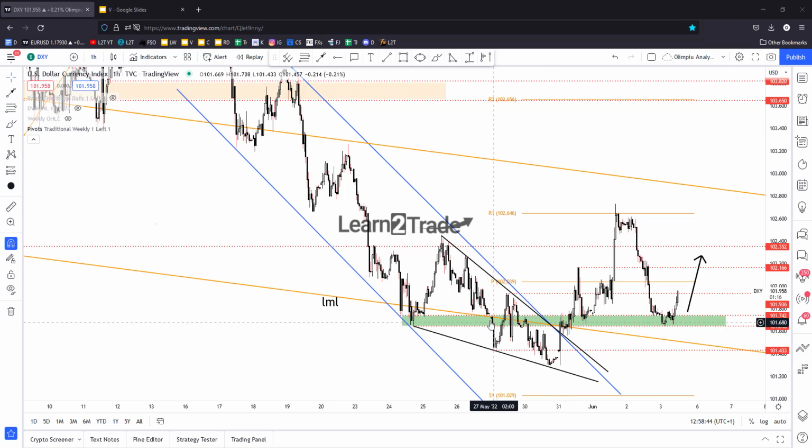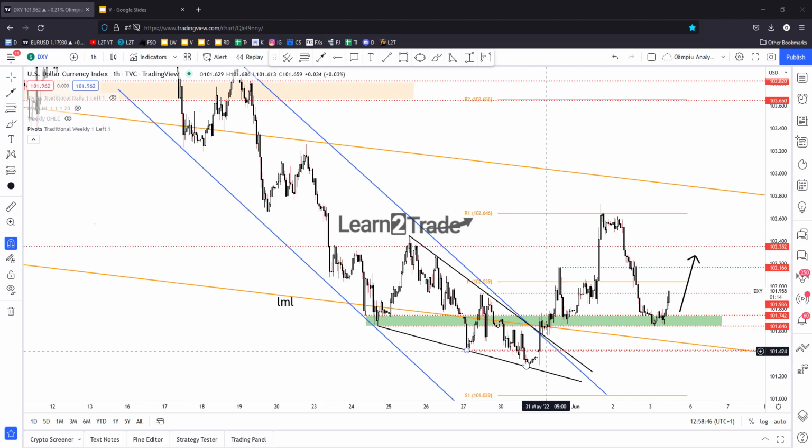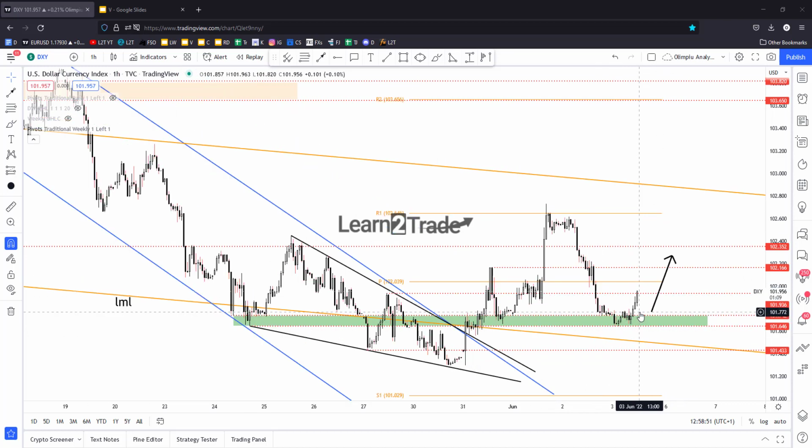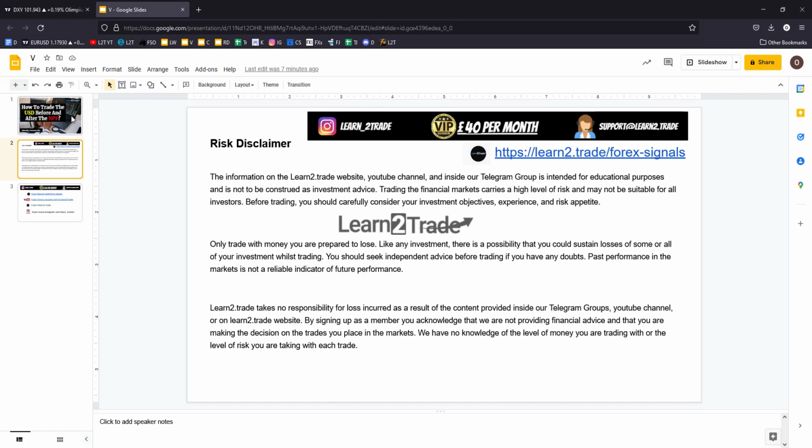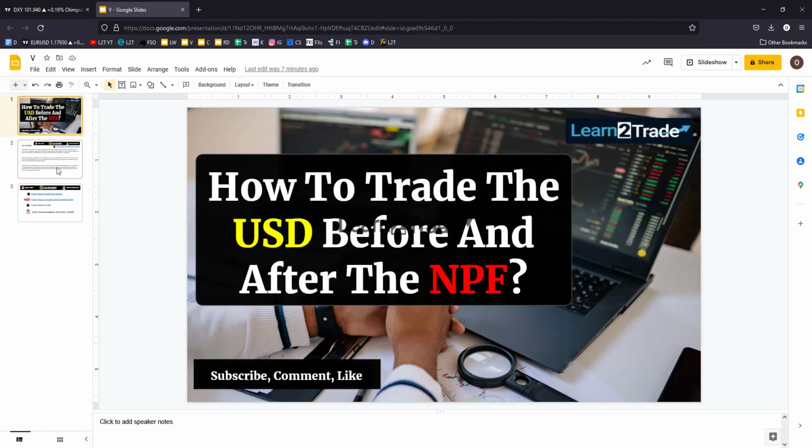Here something like a falling wedge pattern, and aggressive breakout here, retest, and right now it tries to rebound. Of course, the dollar index needs strong support from the US economy, and as I said, better than expected US data could help the dollar index come back higher, and maybe help us identify new US dollar longs. This is my opinion about the US dollar before and after the non-farm payrolls.